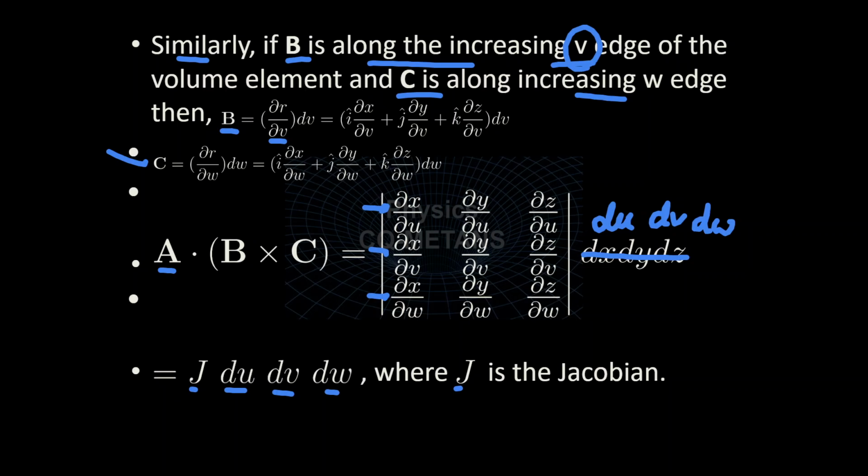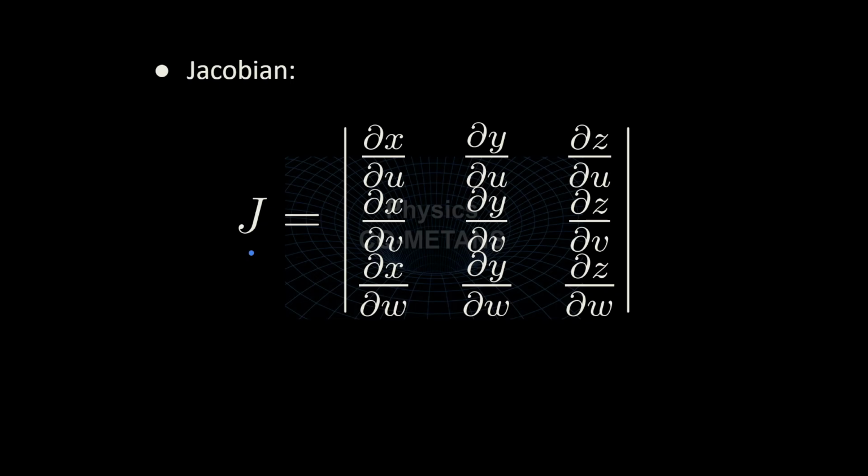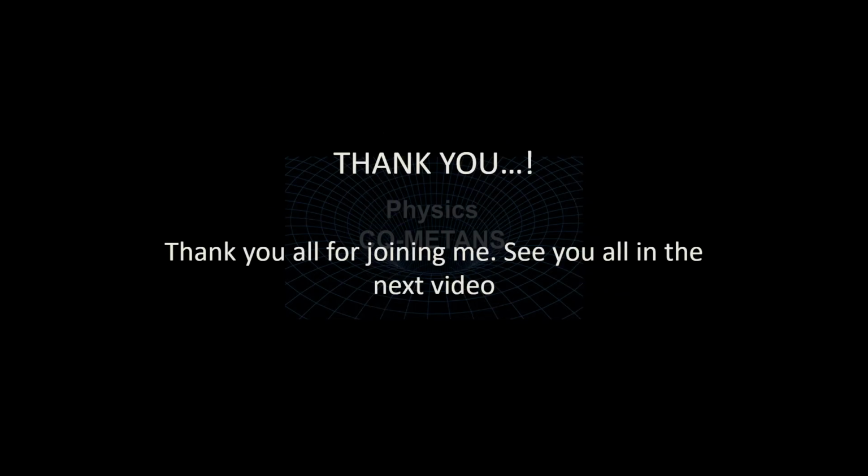In thermodynamics, this will often come up, and often we have to use this Jacobian. We have written what this Jacobian determinant is. We will solve one problem on Jacobian shortly, and at that time we will try to explain how important this Jacobian is in terms of thermodynamics.